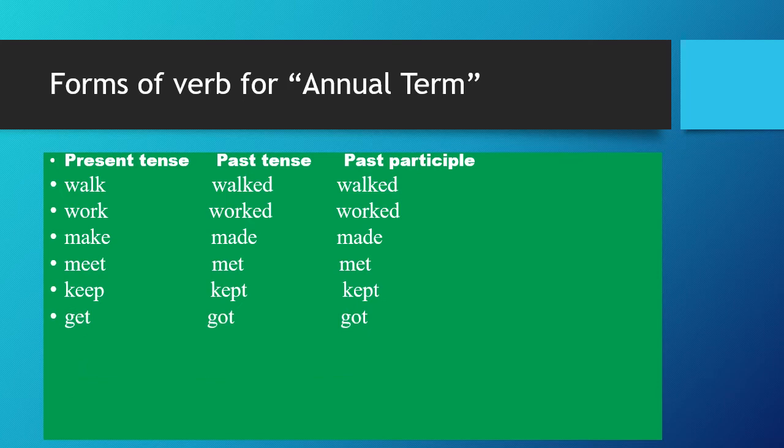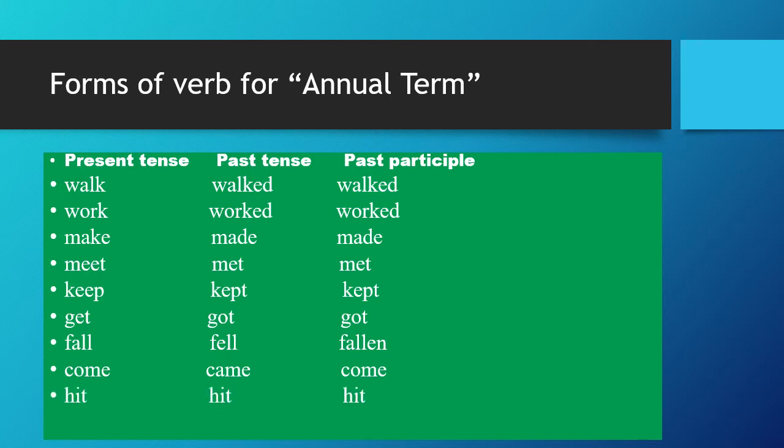Next is get. Get means हासिल करना. Got, got. Fall. Fall means गिरना. Fell, fallen. Next is come. Come means आना. Came, come.